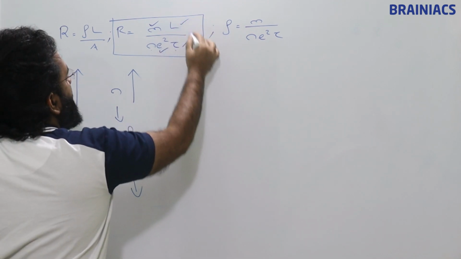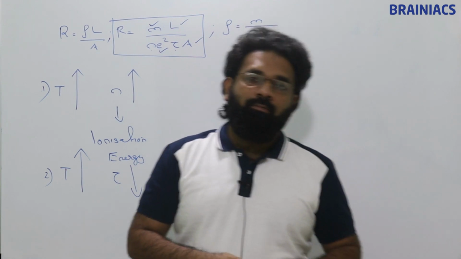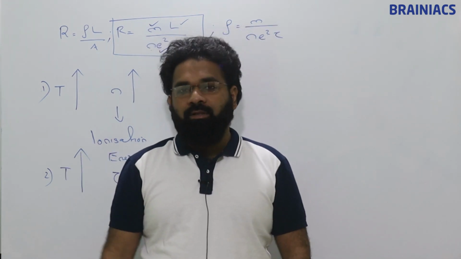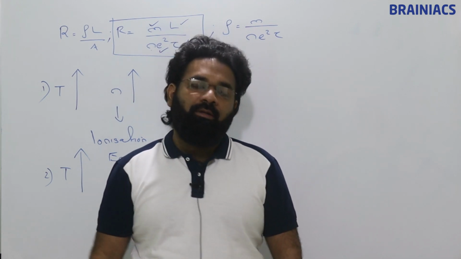Now what about length and area? Length and area also will change, because in thermal properties of matter, a first year topic, we study this. When you increase the temperature, length will increase, area will increase.